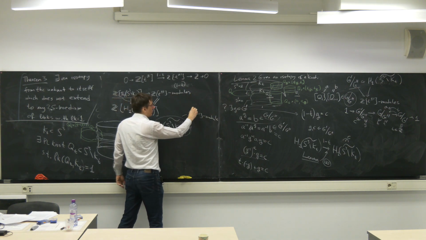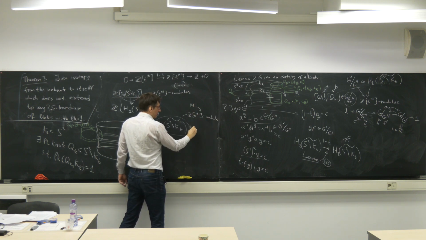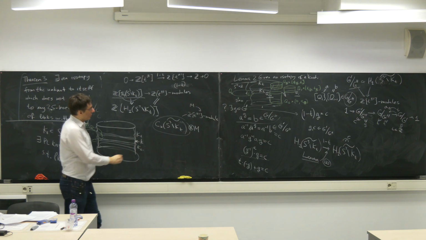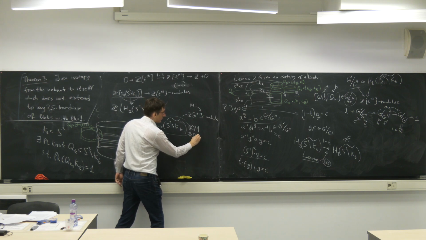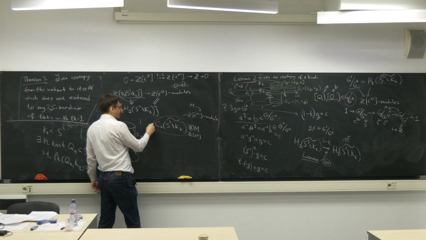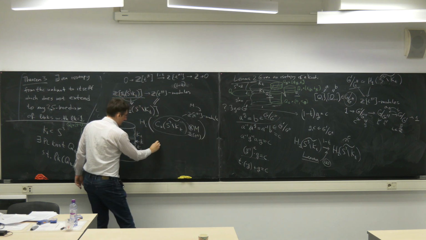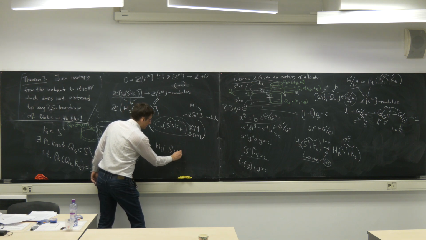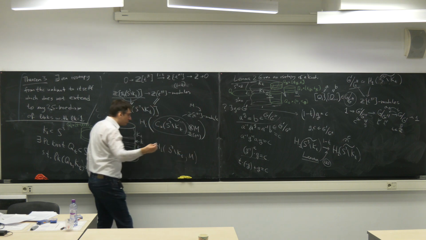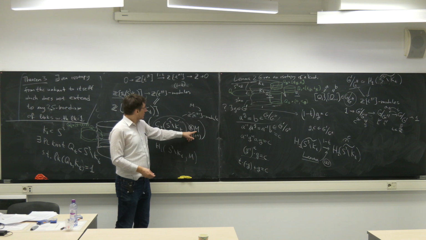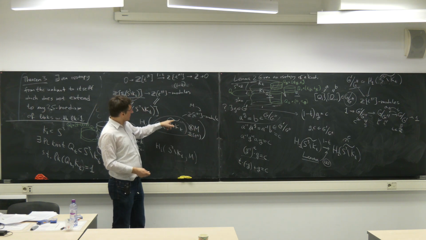And now if I have any module M over this ring, then I can take a tensor product with M over this ring. And then I take the homologies. So there is a chain complex, and I take the homology of this chain complex. And this is by definition called the homology of this S^3 minus K_T with coefficients in M. In the usual definition, M is a module over the group ring of the fundamental group, and this is the universal cover.